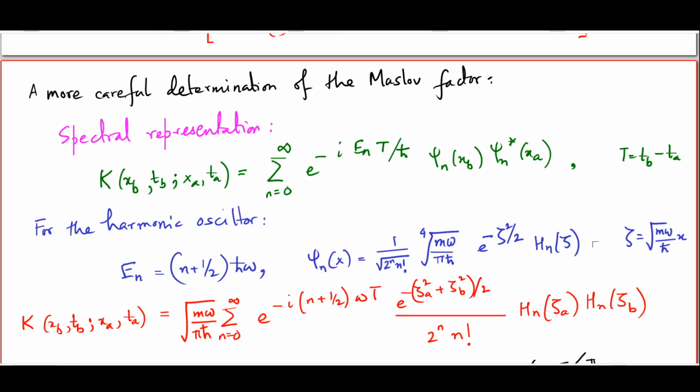Once again, two square roots of 2 to the n factorial coming together here, times Hn zeta a times Hn zeta b.